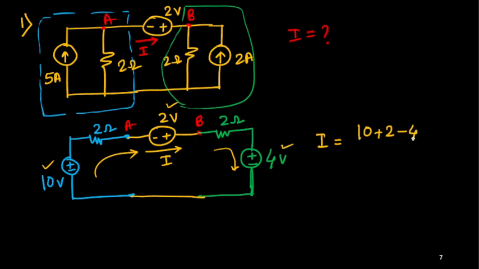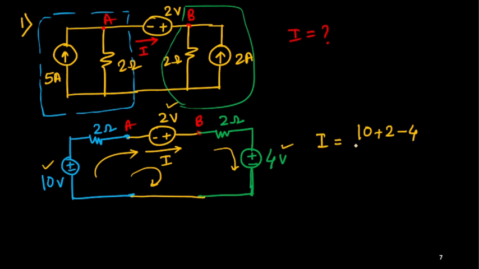This is the overall potential in this loop. 10 volt is the supplying potential, 2 volt is added, but 4 volt is subtracted because it is connected in the opposite way. This is minus plus, this is minus plus, this is plus minus, if I move in clockwise direction. That's how 4 is subtracted.